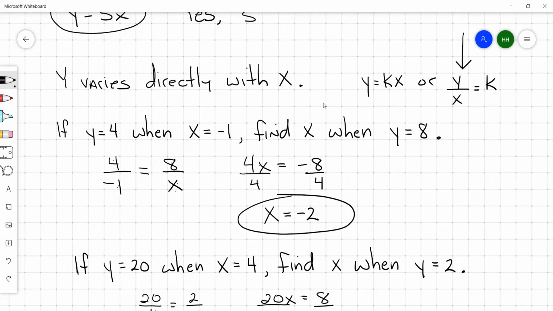On the third, you're only going to do this when you're asked this question right here. They may ask you to find the y, and in that case, you put the y on top and what the x is at that time on the bottom.